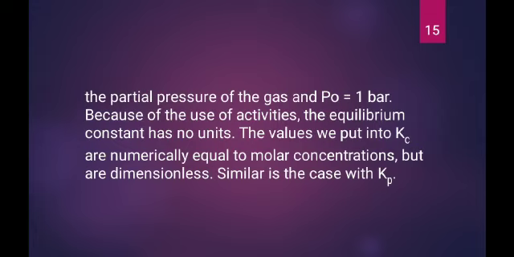Because of the use of activities, the equilibrium constant has no unit. The values we put into Kc are numerically equal to the molar concentrations but are dimensionless. Similar is the case with Kp.